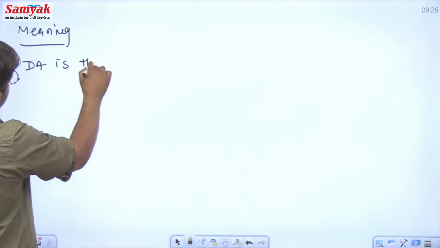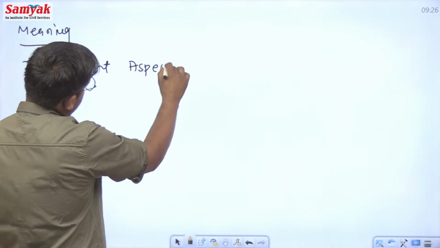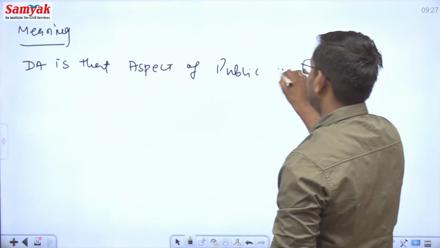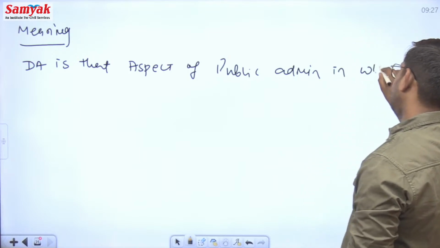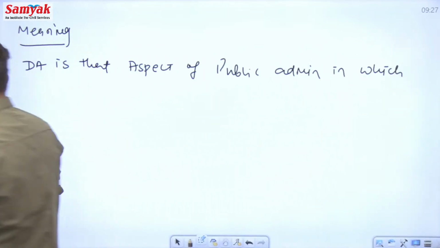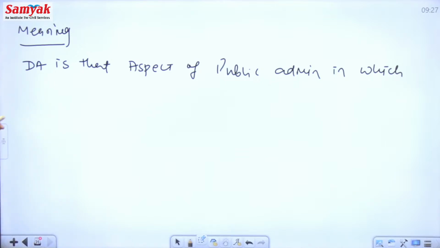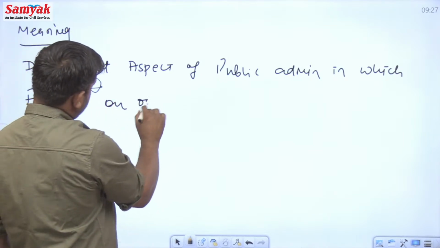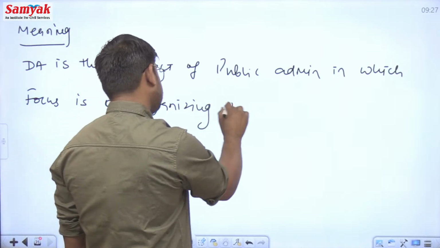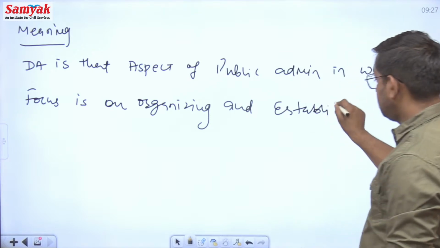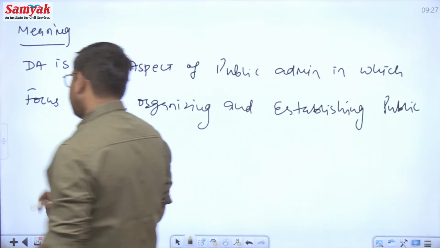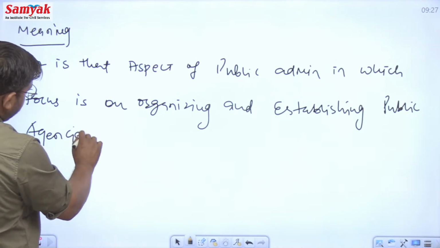DA is that aspect of public administration, in which focus is on organizing and establishing public agencies. तो आपको स्ट्रक्चर्स इस तरीके से बिठानी है बेसिकली कि आपका जो फोकस है दैट शुड बी ऑन द सोशियो इकोनॉमिक डेवलपमेंट.